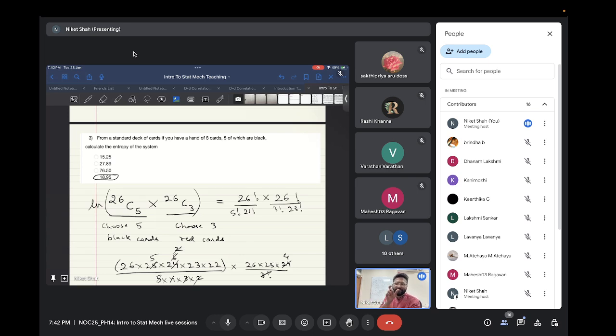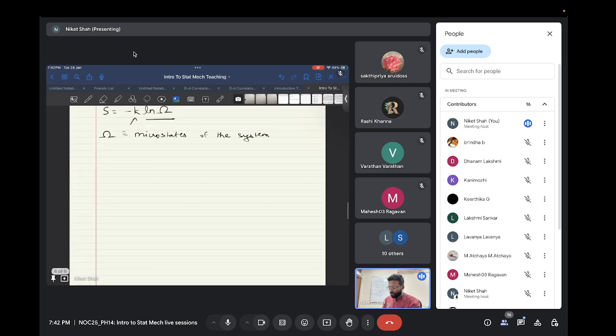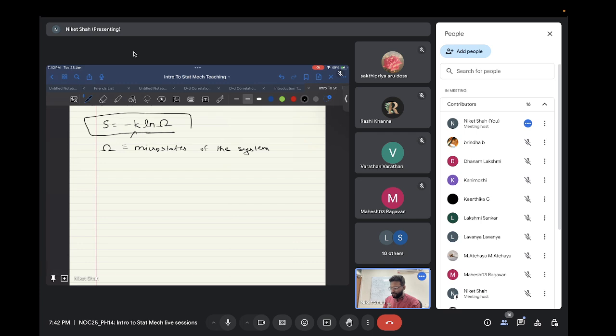Each and every possibility you will be calling one microstate, right? When you calculate entropy, you are using this expression: S is equal to K ln omega. Omega is exactly the number of microstates for whatever system you are considering. If you are considering a system which has say five black cards, three red cards, how many possible microstates does that system have? That is what I'm using to calculate entropy. It's not macrostates, it is actually microstates.